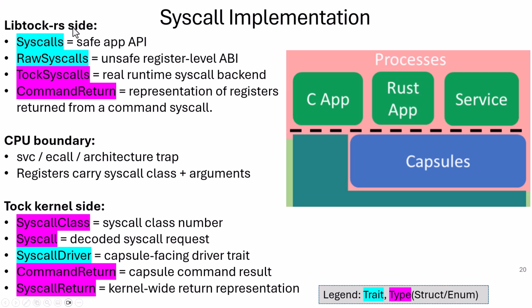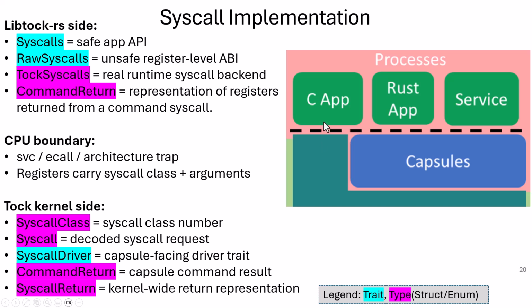A couple of traits of interest are the syscalls, which allow for the safe app API, and also for setting the registers that are actually used when there's the triggering of the interrupt. That's the actual data that crosses over the boundary, the data that's in the registers.